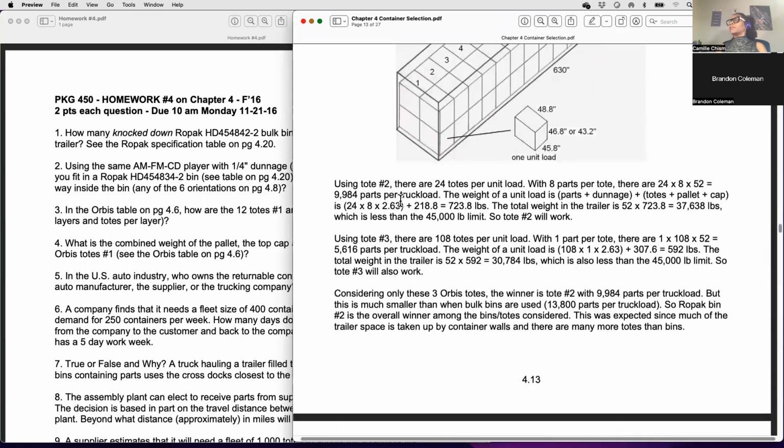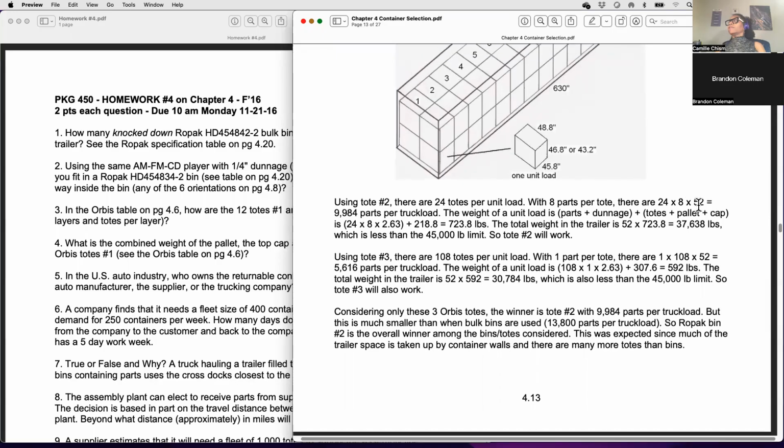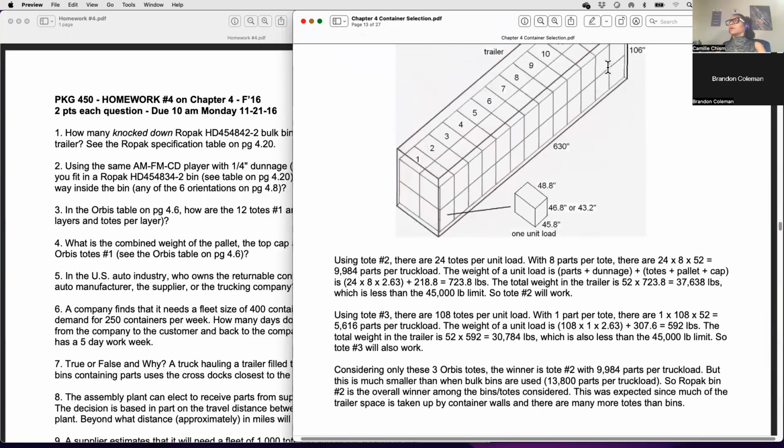So go back there and you have the 8 parts per tote, 24 totes per unit load, and then you multiply it by 52, which is the number of pallet loads on the trailer. So that's how you calculate that you have 9,984 parts, just under 10,000 parts.